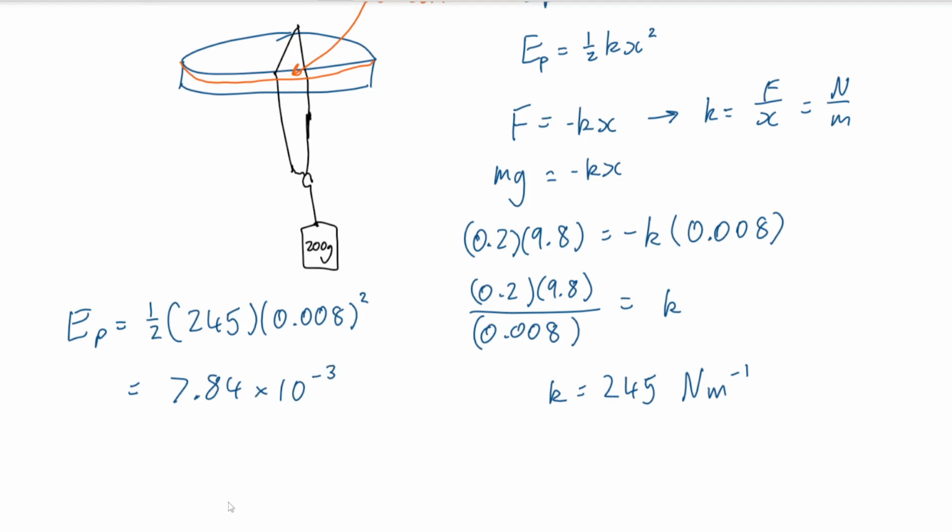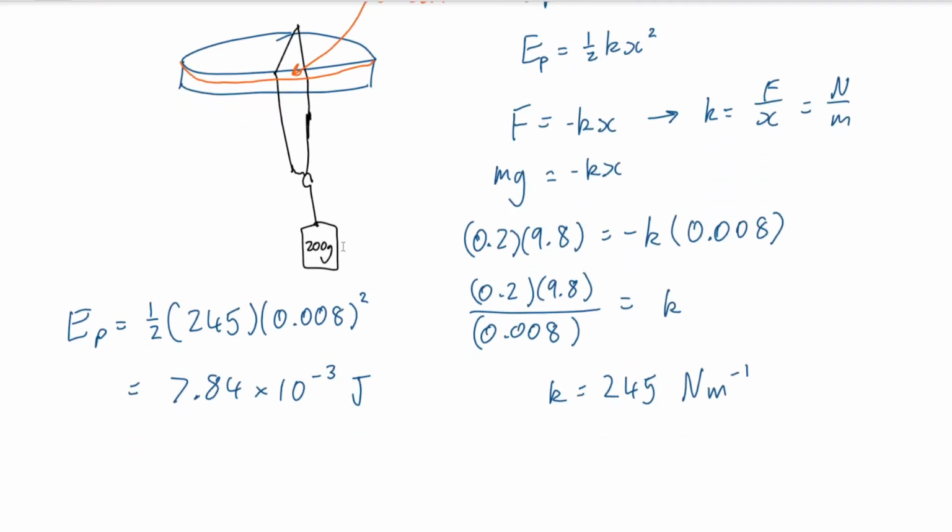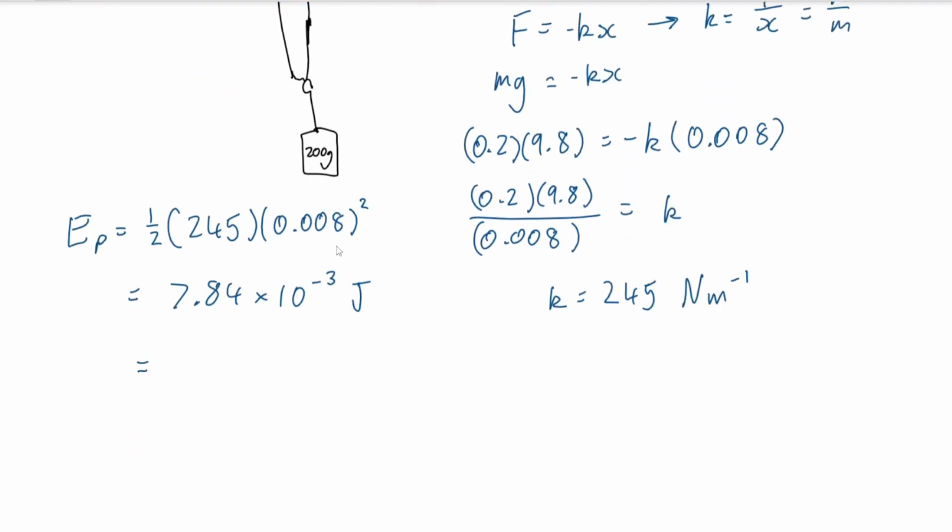And now, what are the units for that? Energy is in joules. Now, what should we round it to? Well, this distance is to one significant figure, and so is the mass. So to one significant figure, 8 times 10 to the negative 3 joules.